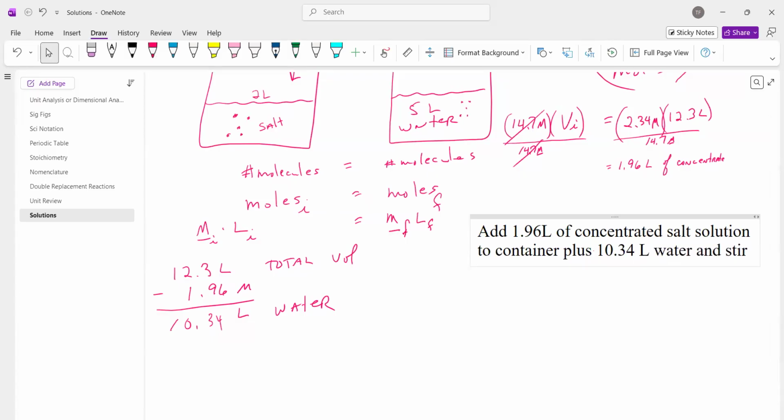Okay. All right, does that make sense? It hinges upon the fact that the moles don't change. The initial moles equals the final moles. What changes is the volume of the solvent.